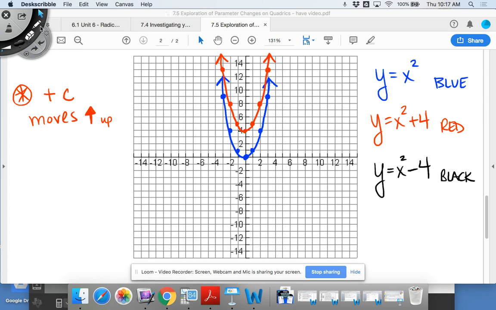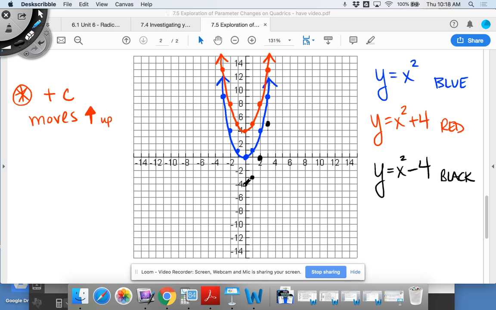So it would be 0, negative 4. 1, negative 3. 2, 0. And 3 what? 5.